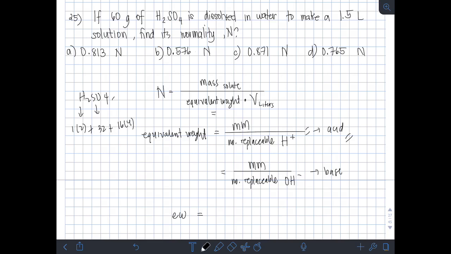Using a calculator, that is 98 grams per mole.